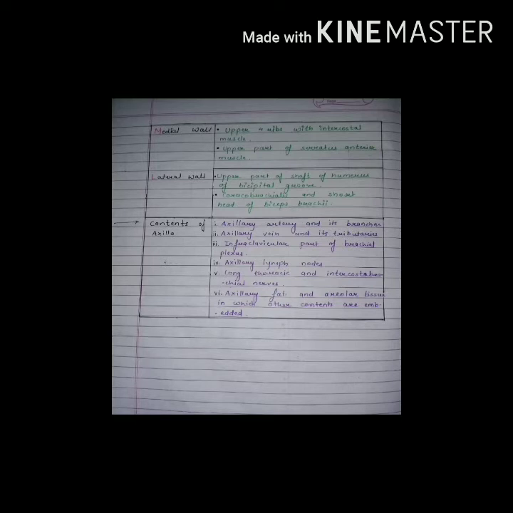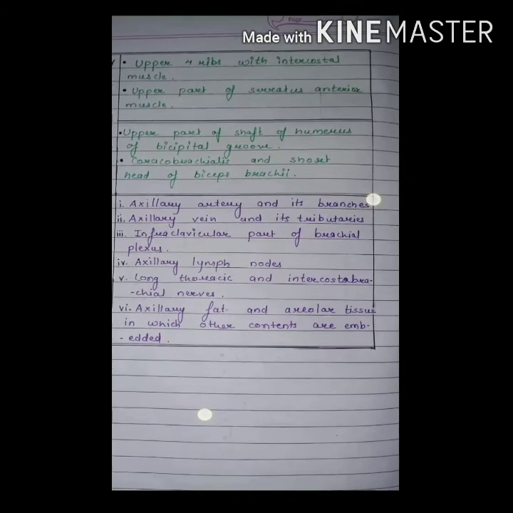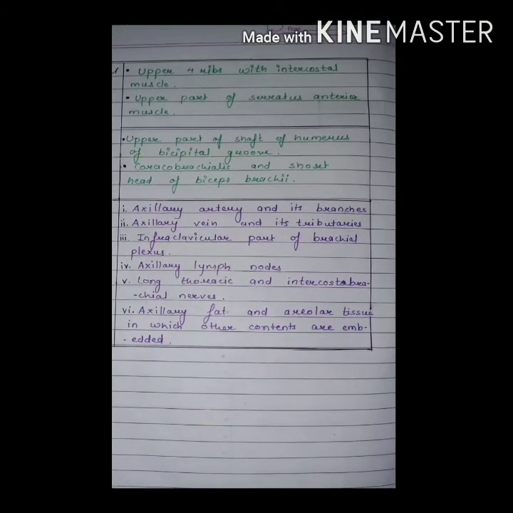Now it contains the axillary artery, axillary vein, infraclavicular part of the brachial plexus, axillary lymph nodes, long thoracic and intercostobrachial nerves, axillary fat, and areolar tissue in which other contents are embedded.